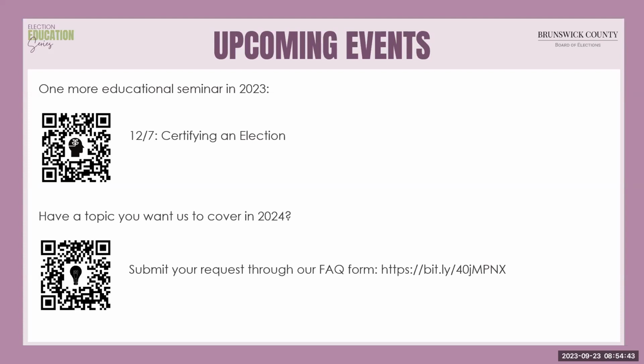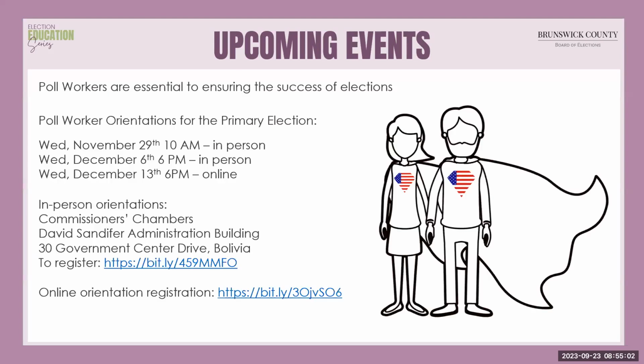Now, if you have a topic that you would like us to cover next year, please submit your request by scanning the QR code or through the FAQ form on the homepage of our website. And if you missed our first 5 seminars, you can find the recordings on our YouTube channel at Brunswick NC Votes.